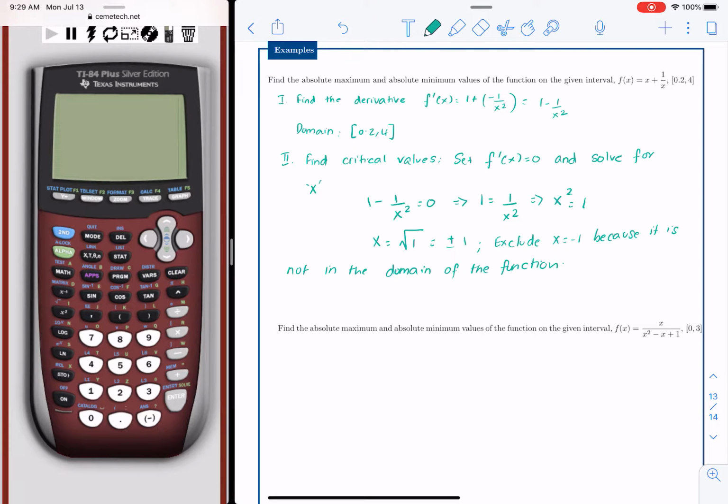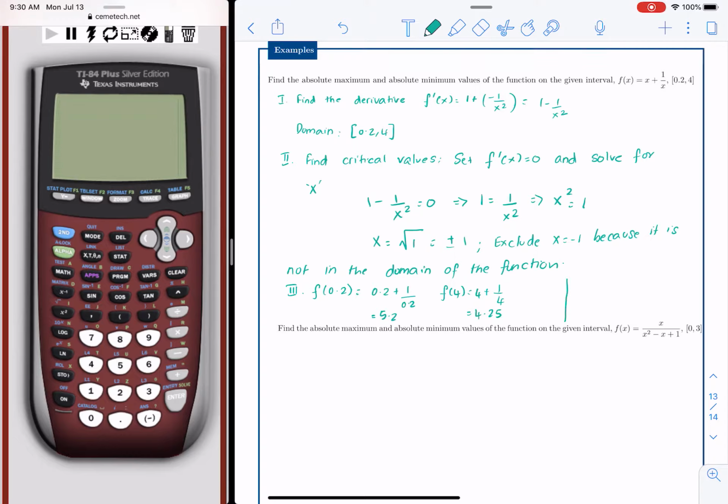So what I'm going to do is I'm going to plug in the end values. So f of 0.2 would be 0.2 plus 1 over 0.2. That would give me 5.2, I'm sorry. And I'm going to plug in 4, and I have 4 plus 1 over 4, and that is 4.25.